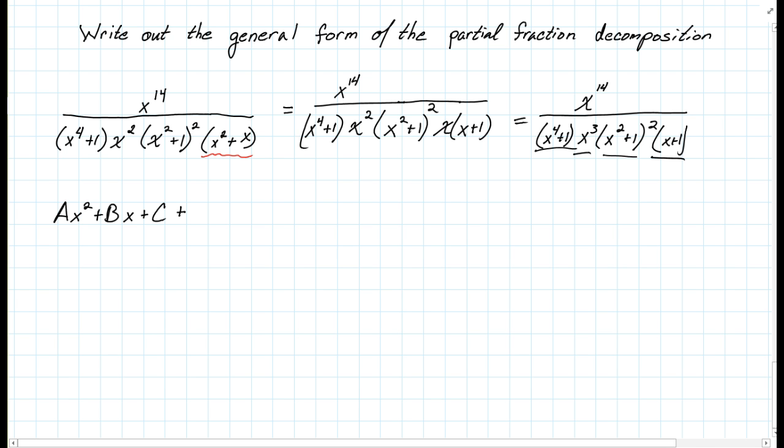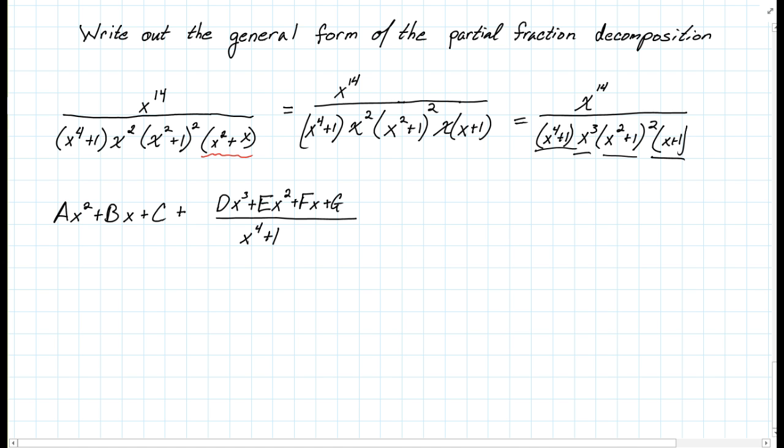So that first term is an irreducible quartic. So in the numerator, we're going to have to end up with a degree 3 polynomial. So we'll write dx cubed plus ex squared plus fx plus g over x to the 4th plus 1.